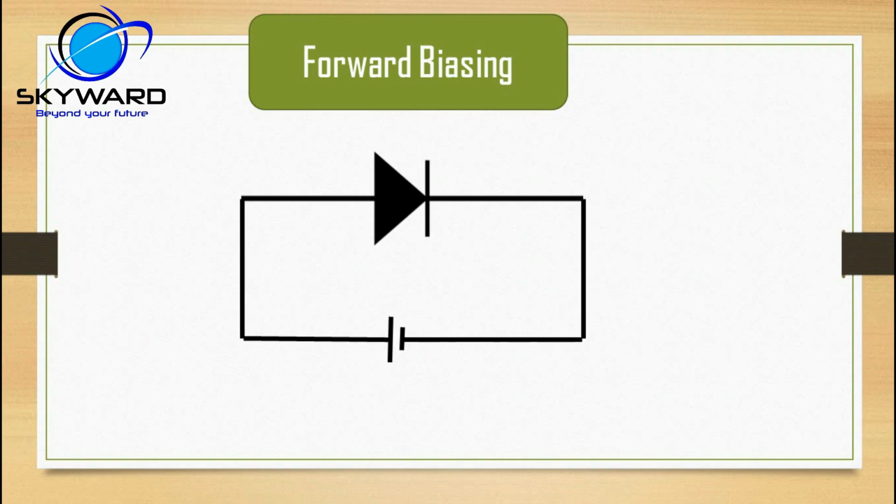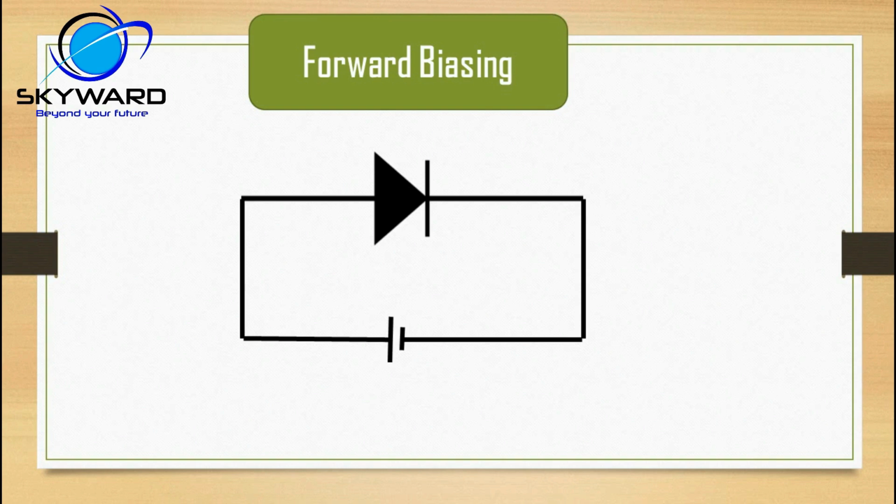Generally Schottky diodes are used in fast switching circuits. Compared with a normal diode, a Schottky diode is a fast switching component. Nowadays normal diodes are also coming with fast switching, but the Schottky diode's purpose is only fast switching.